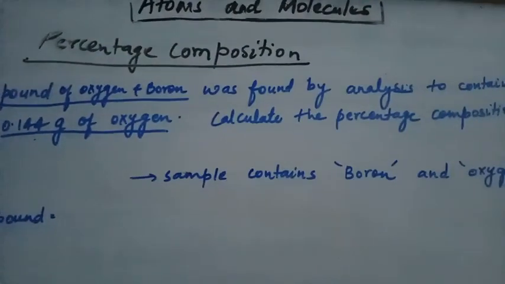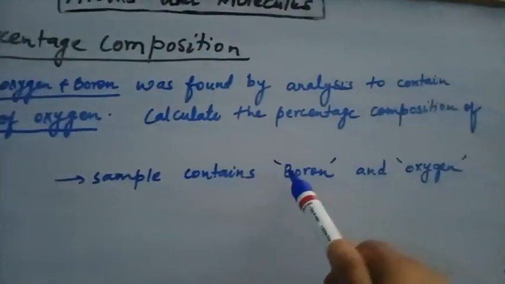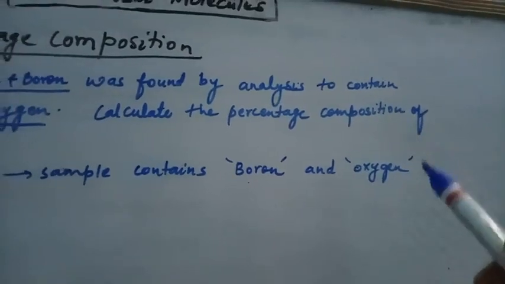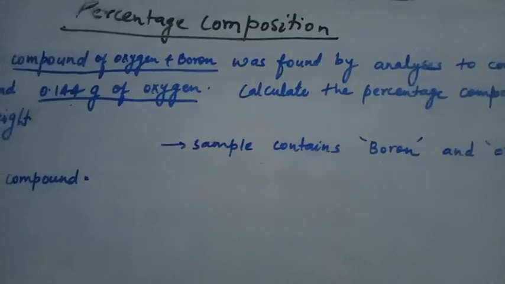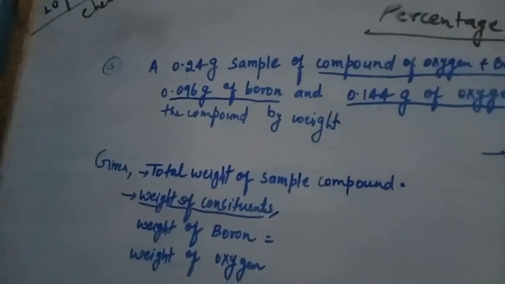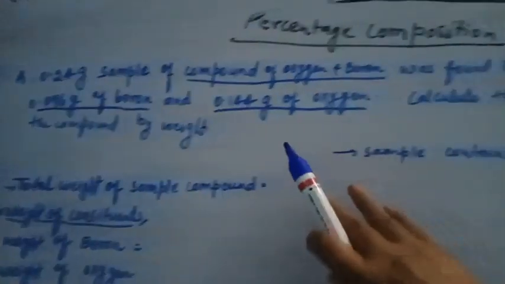So here it is asking to find out how many percent of boron and how many percent of oxygen by mass is present in the sample compound. Okay, so first we will write what all is given in the question.